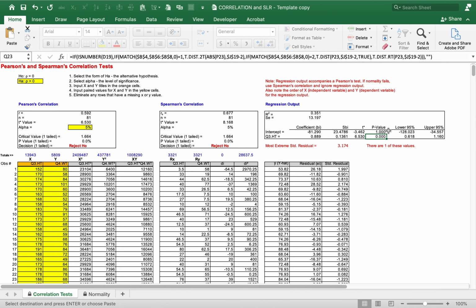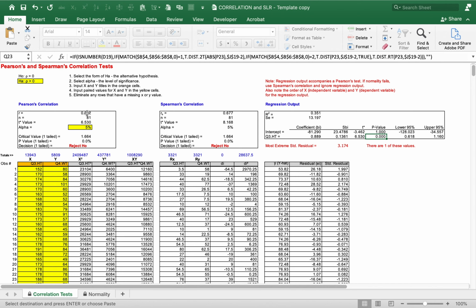Now, this maybe isn't the best example of this because it rounds to 0, but the p-value for the Pearson's correlation test will be exactly the same as the p-value for the x variable, which is height, in a simple linear regression. And so that is interesting there.